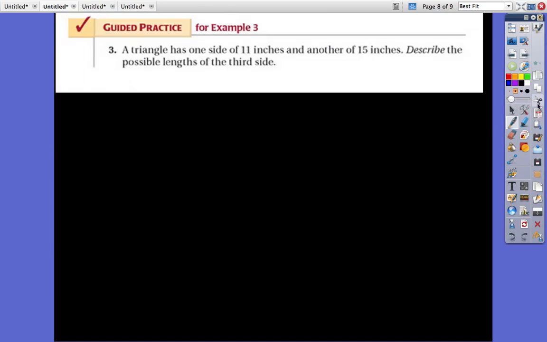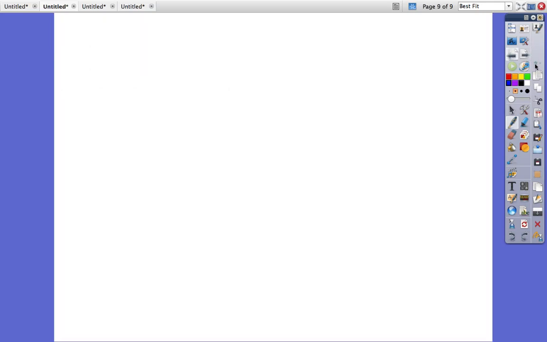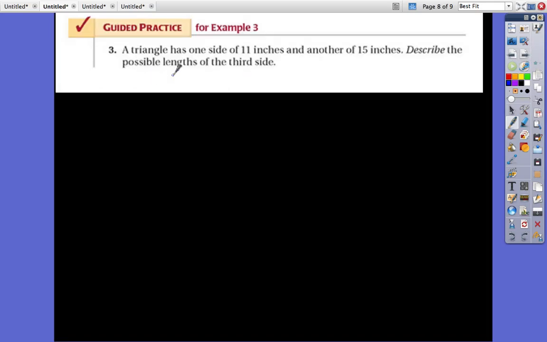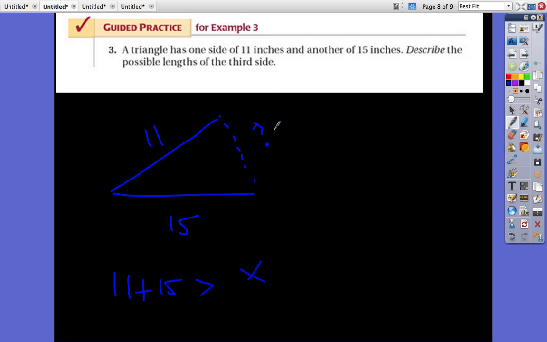Okay, this is our last example. A triangle has one side of 11 inches and another side of 15 inches. Describe the possible lengths of the third side. So we don't know what the third side could be, but we know that these two sides added together have to be greater than the third side, which we'll call x, actually.